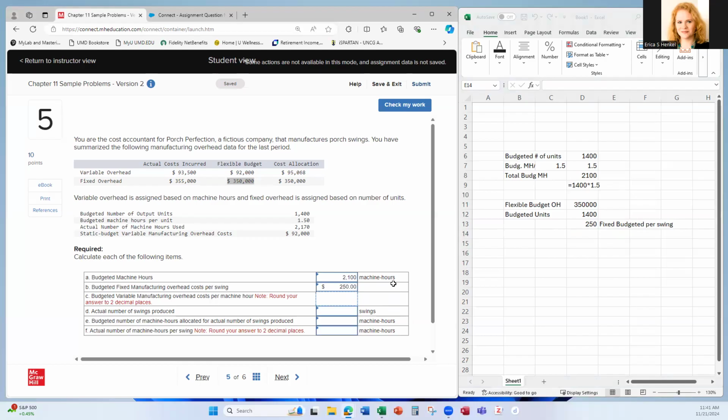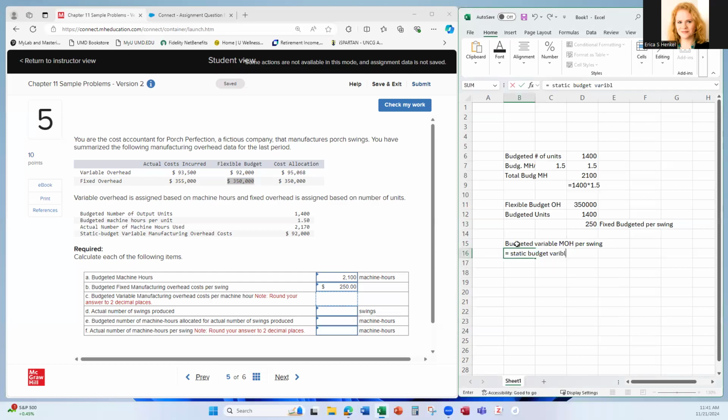Okay, so now they're asking us to do our budgeted variable manufacturing overhead costs per swing. So normally what we would do to calculate this, right? Our budgeted variable manufacturing overhead per swing. Normally what we would do is we would take our static budget variable overhead costs, right?